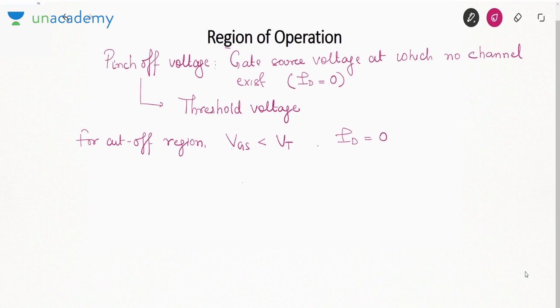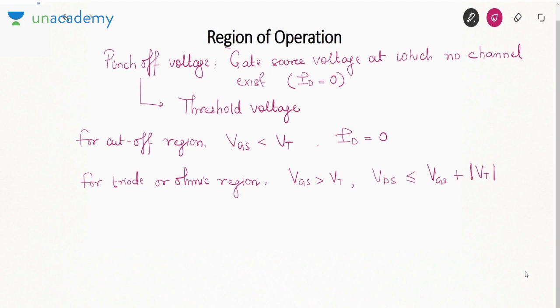The next region is your triode or ohmic region. In this region, VGS is greater than VT and the drain to source voltage VDS is less than or equal to VGS plus mod VT. Why am I taking mod VT?